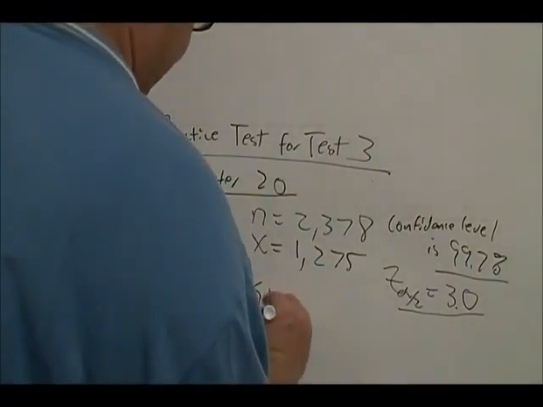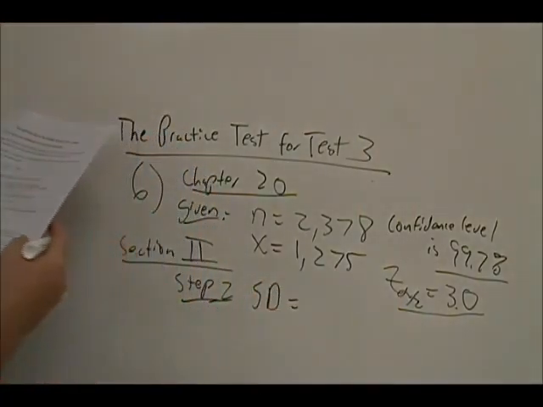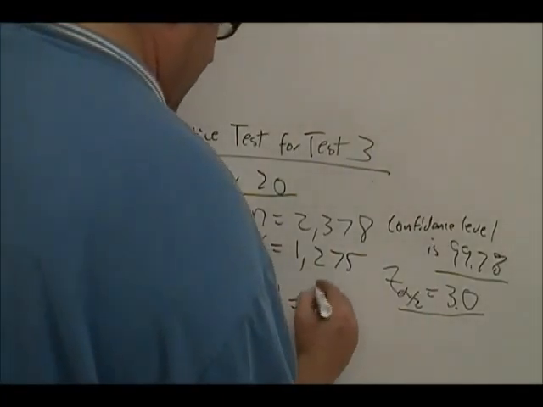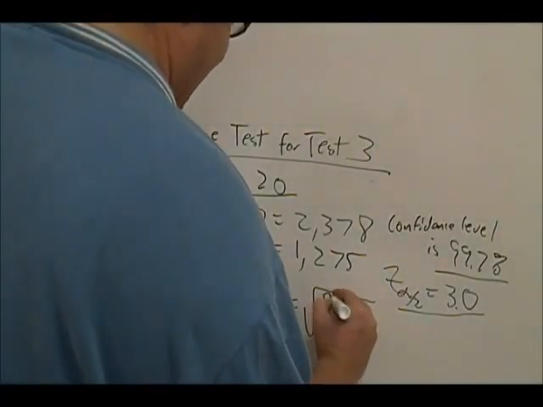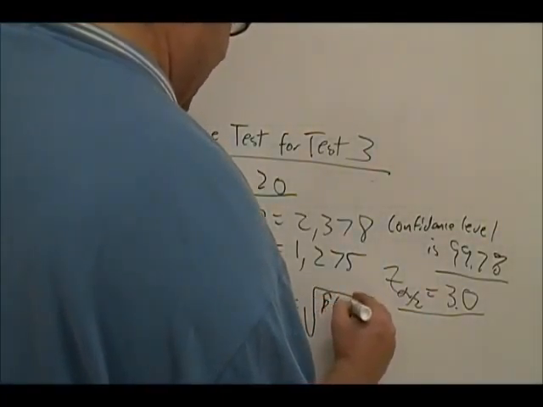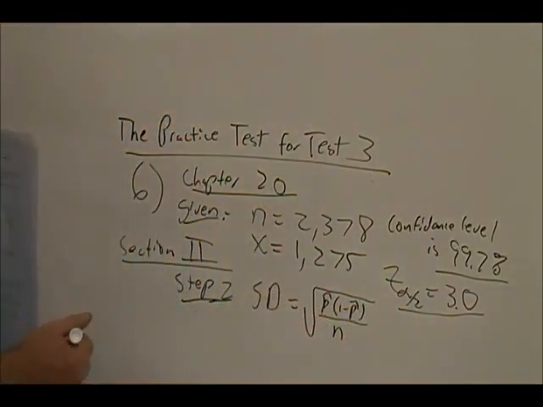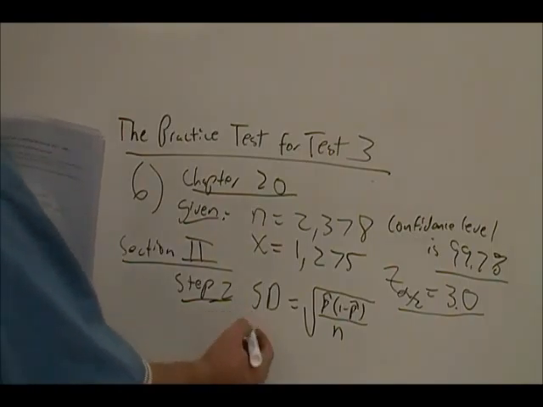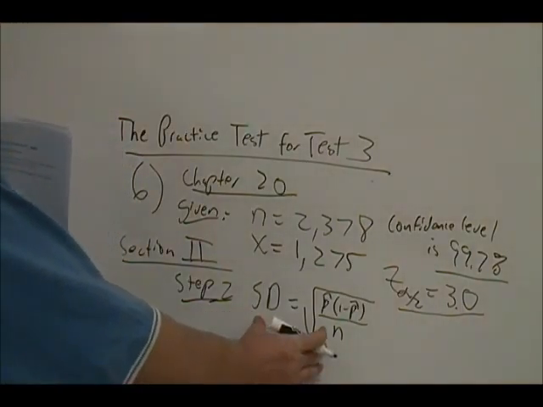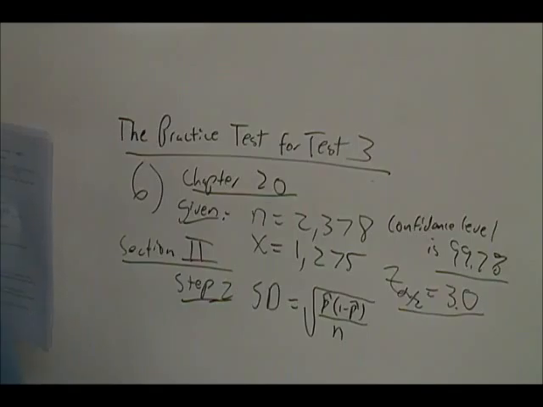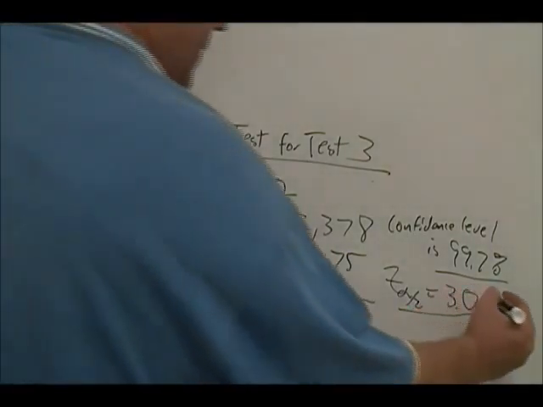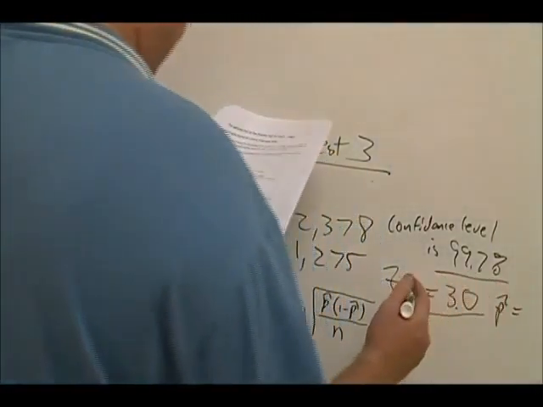And the standard deviation is given in step 2 by the formula square root of P hat times 1 minus P hat, all divided by little n. It's the square root of all of that. So this is the formula from the cheat sheet for step 2. And we just computed P hat in step 1 to be 0.536.